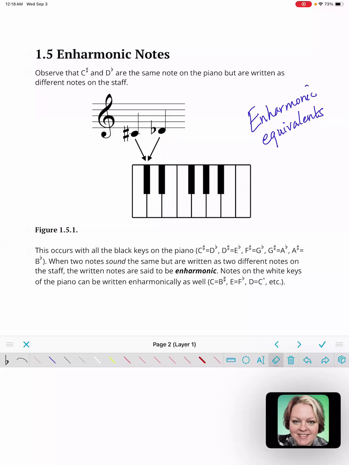In the graphic here, we've got C sharp and D flat. They're considered equivalent enharmonically because if you say, oh, hey, Dr. Sell, play that C sharp, I'm going to do this. And then you go, oh, wait, no, I changed my mind, play the D flat. Guess what? I'm still playing that same note. So visually on the staff, they look different, but functionally, in terms of what you press on the piano, it ends up being the same key.